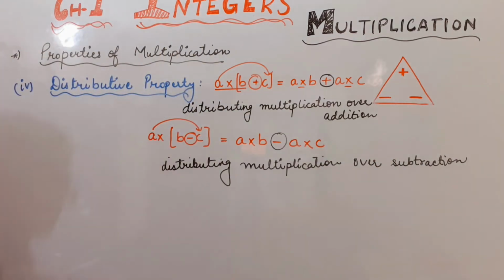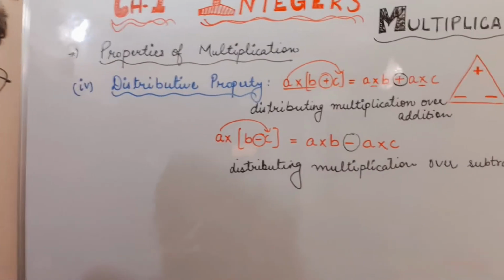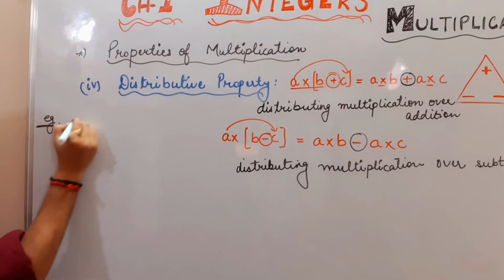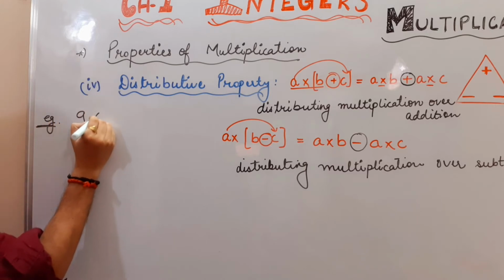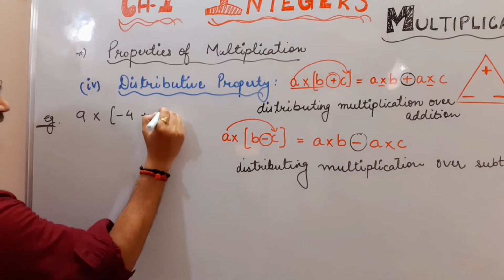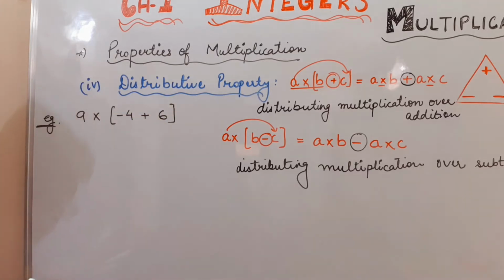Take few examples for this one. Okay, let's see one example here. 9 into minus 4 plus 6. Let us see how to solve it.